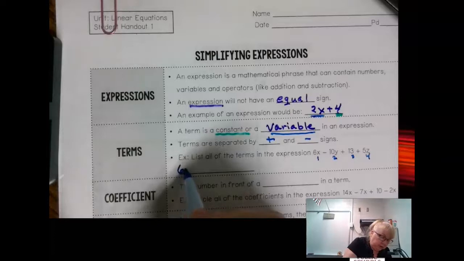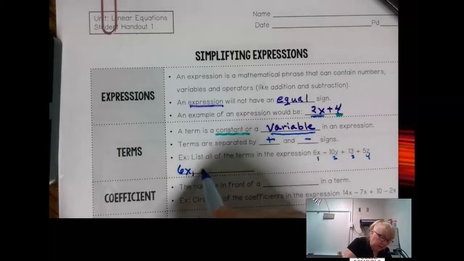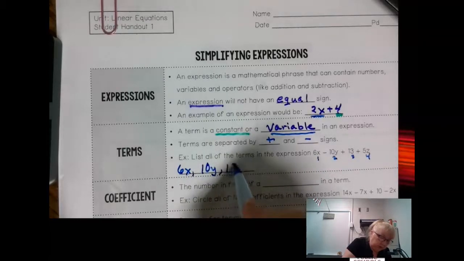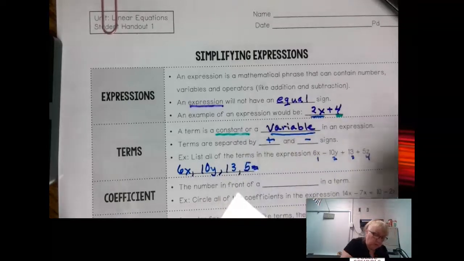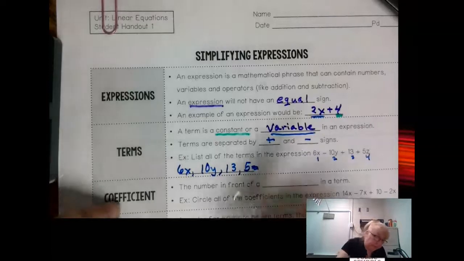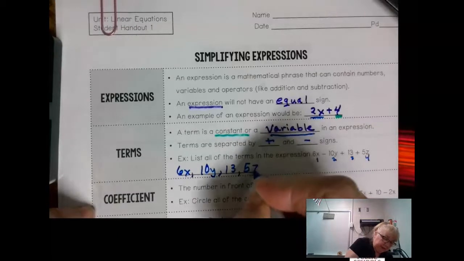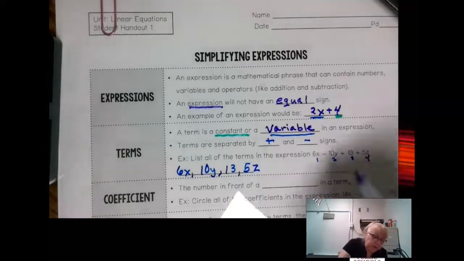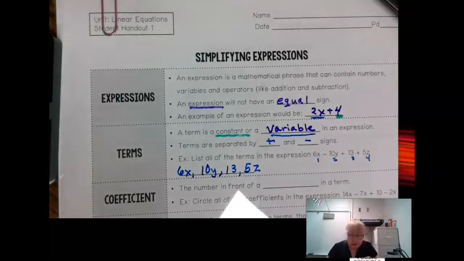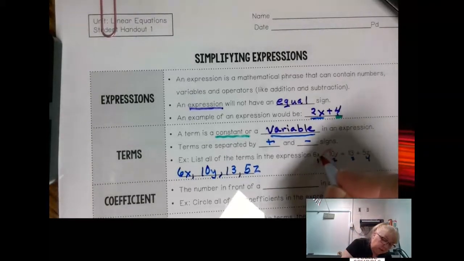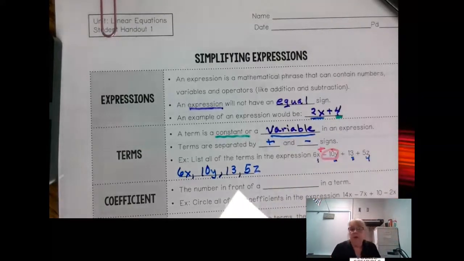We could say that the terms are 6x, 10y, 13, and 5z, or we could say that that 10y is minus 10y, because what we're really doing is adding a negative 10y.